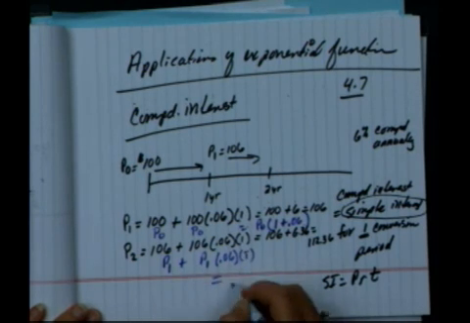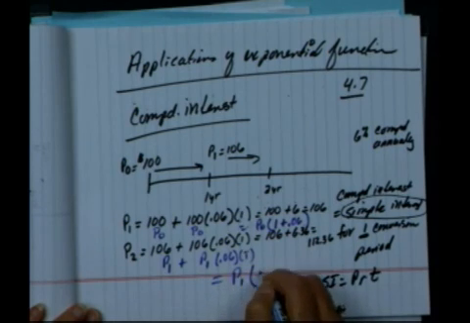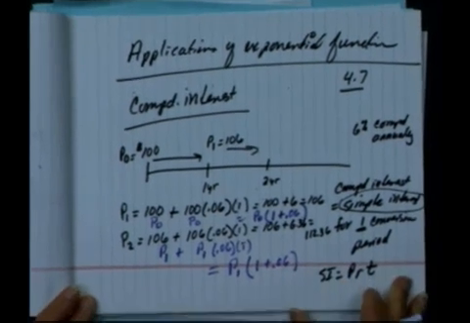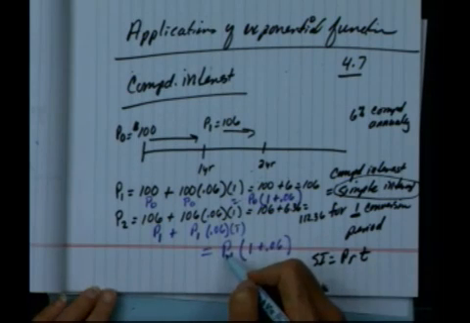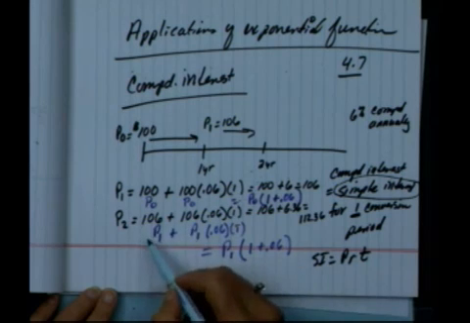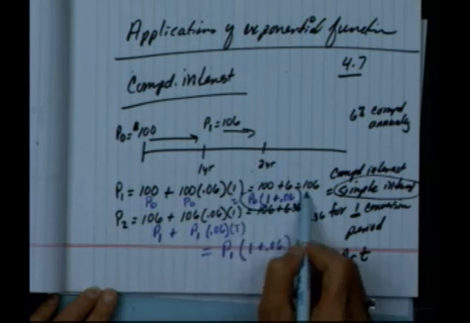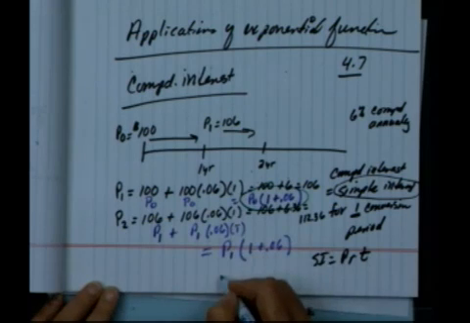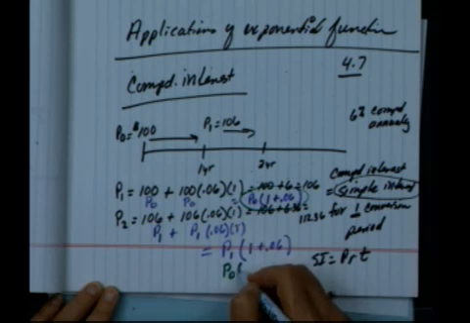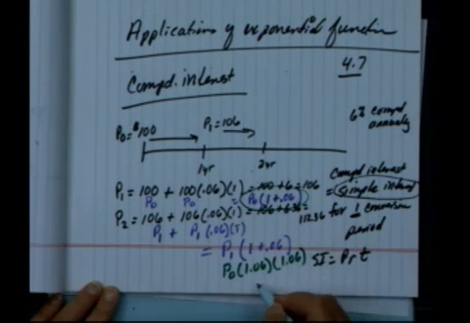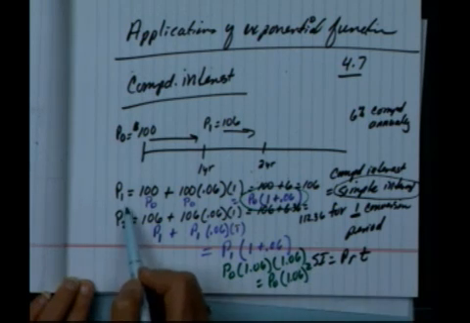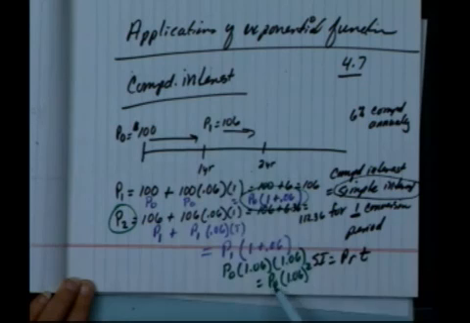And if I factor out a P sub 1, I get P sub 1 times 1 plus 0.06. Now here's the finale of getting to the formula. P sub 1 came from this part right here. So making that substitution, that's P sub 0 times 1.06 times this 1.06, which is P sub 0 times 1.06 squared.